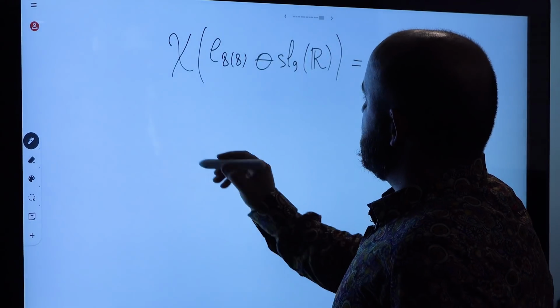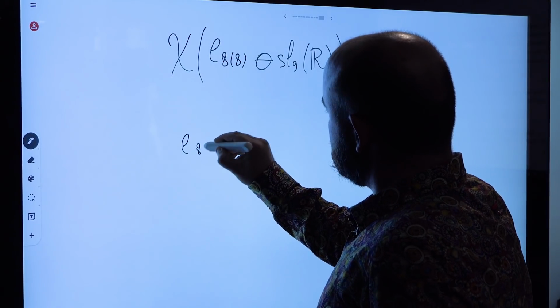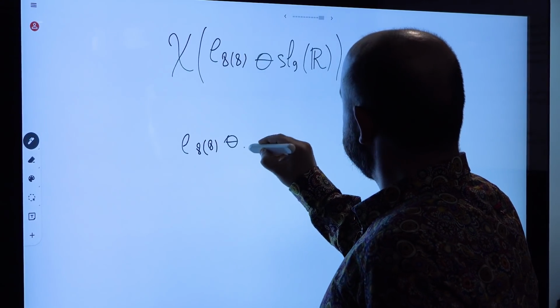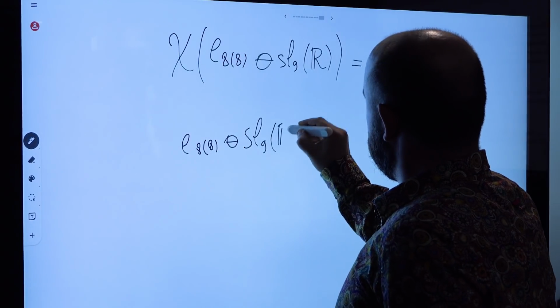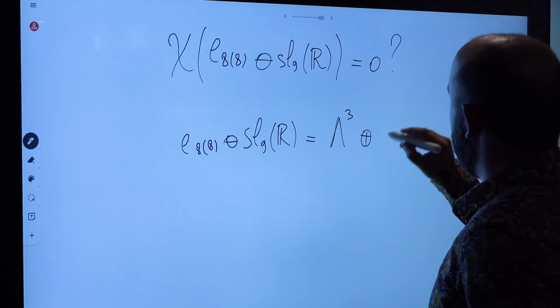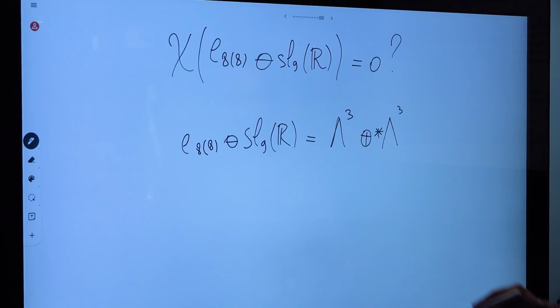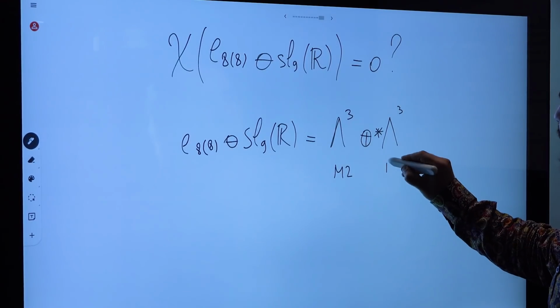So the point is this: we can write this algebra essentially as lambda 3, the 3 form, the M2 brane, plus the star of lambda 3. So this is M2 and then M5.